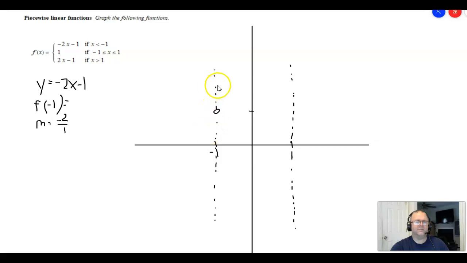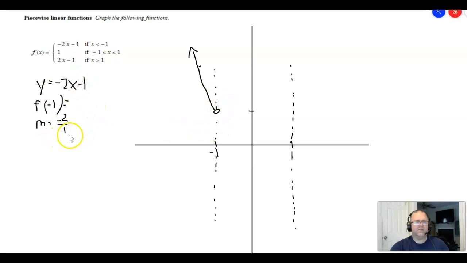We go up 2 and to the left 1, or we go down 2 and to the right 1. So if we go up 2 and to the left 1, it's going to be somewhere over here. It's going to be a steep slope, going up pretty steep going this way. So this is what it looks like to the left of this vertical line here.